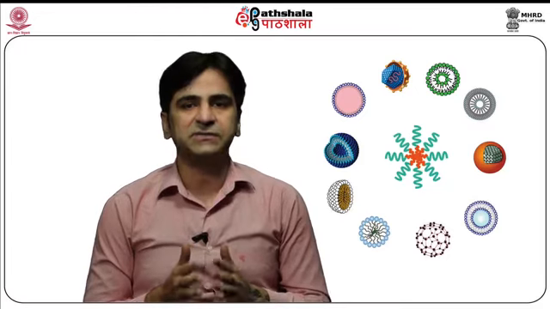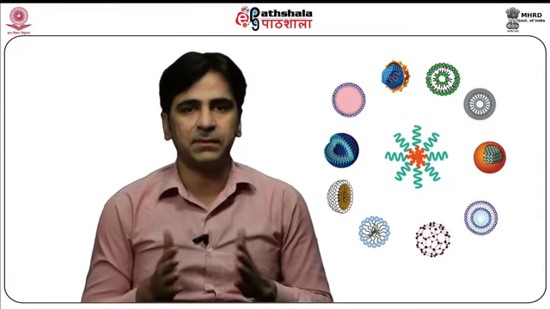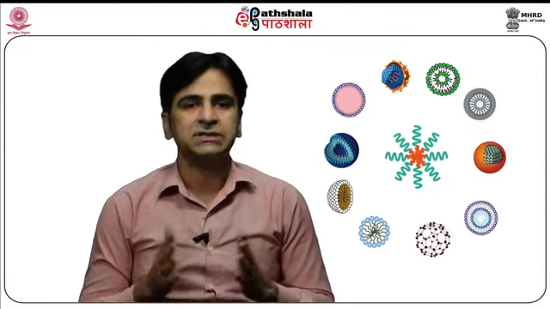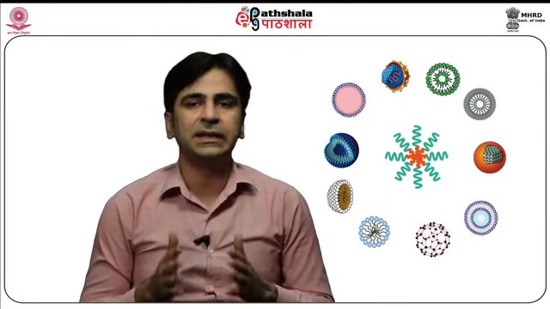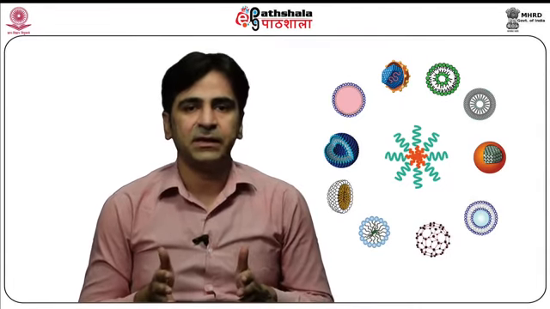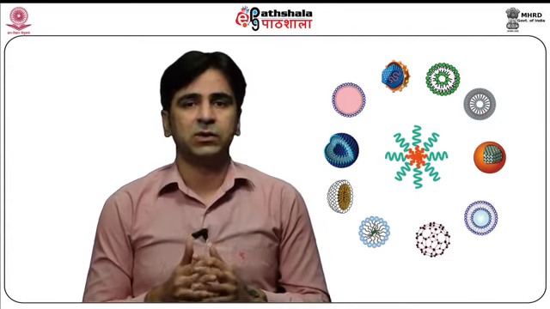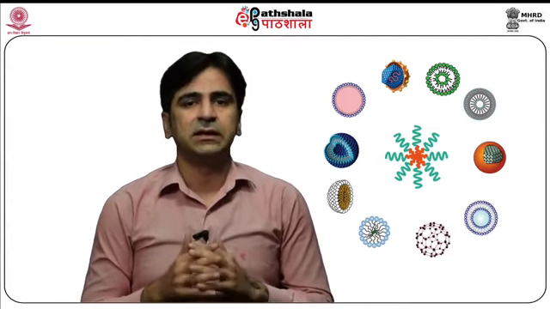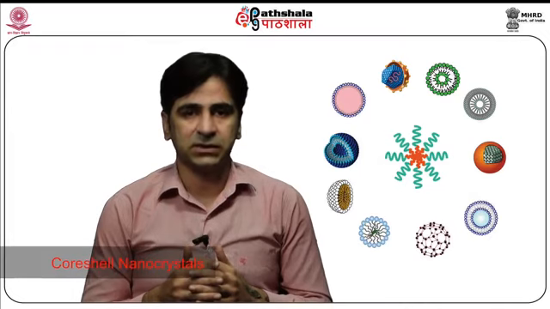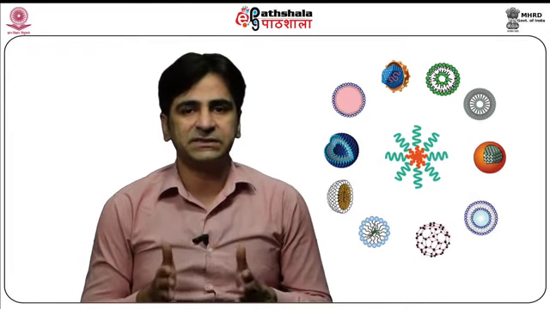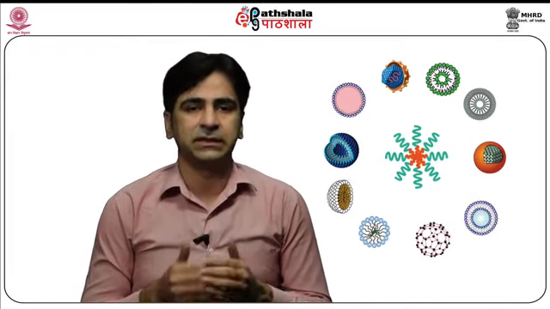Next type is nanoshells. Nanoshells are spherical cores of a particular compound surrounded by a shell, an outer coating of a thin layer of another material, which is a few nanometer, that is 1 to 20 nanometer thick. Next type of nanoparticle is quantum dots. The quantum dots are semiconductor nanocrystals and core shell nanocrystals containing interfaces between different semiconductor materials.